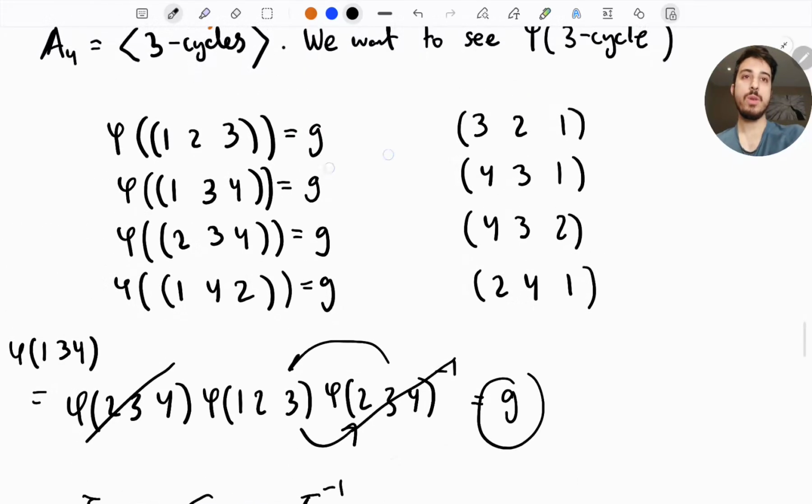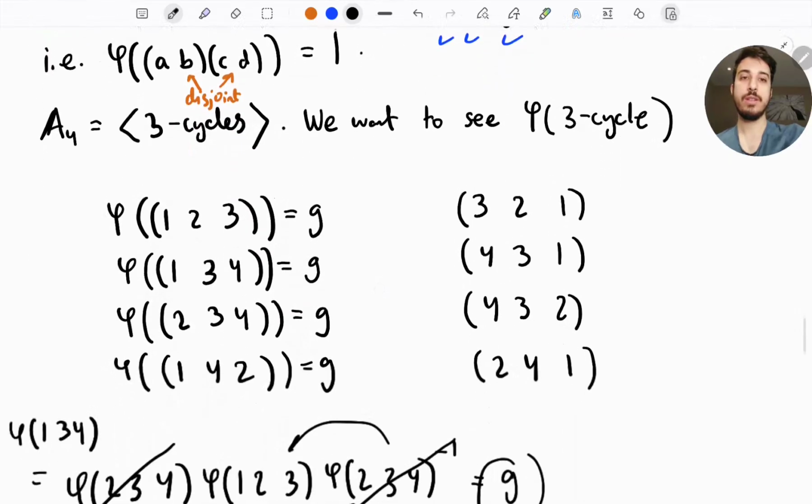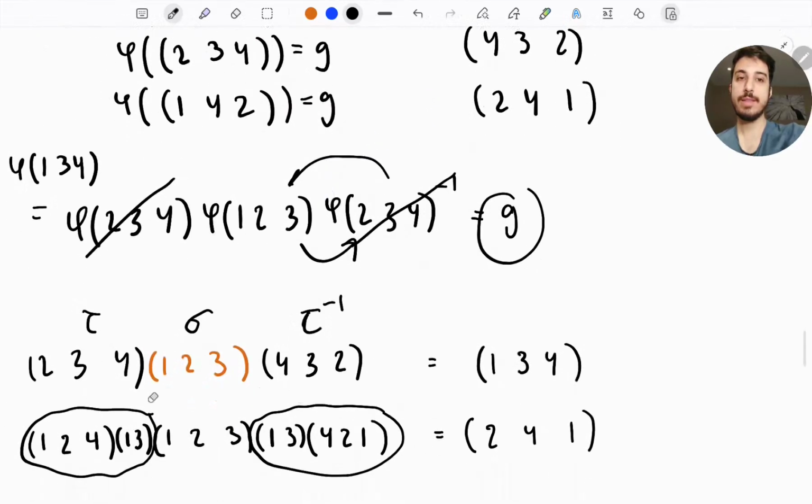But remember, what is the domain of our definition? The domain of our definition is A4, the set of even permutations. Is tau here an even permutation? No, tau here is not an even permutation because even permutations are ones that are generated by 3-cycles.